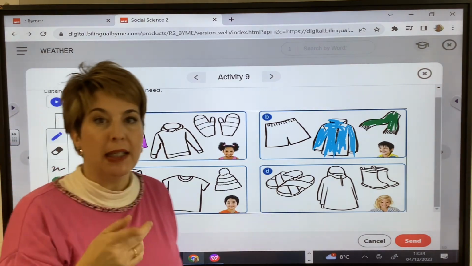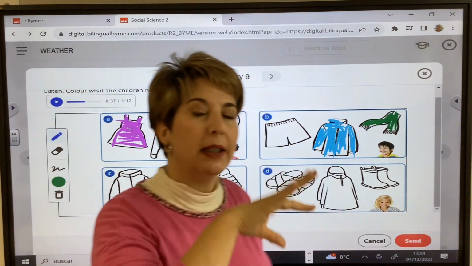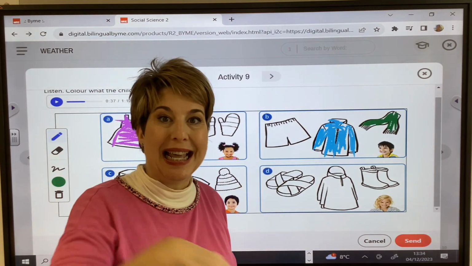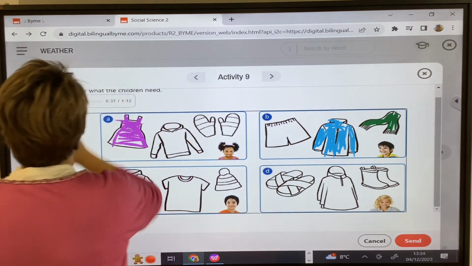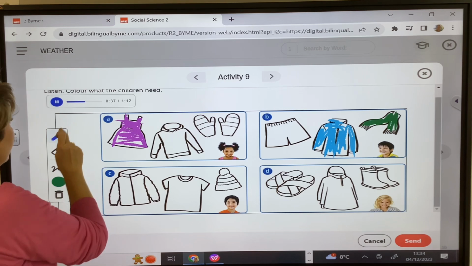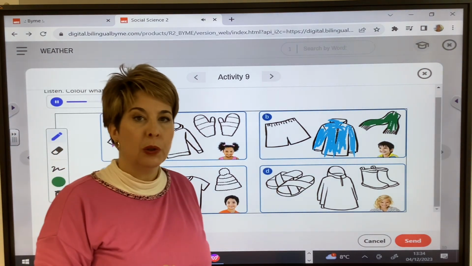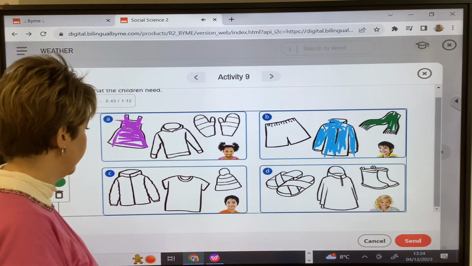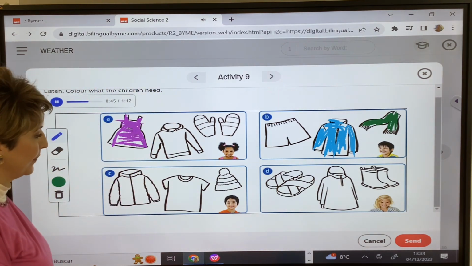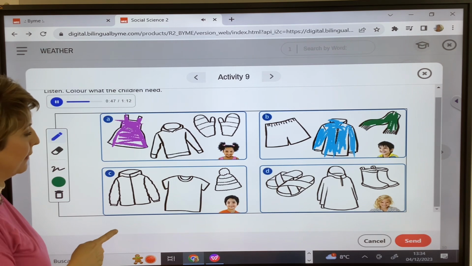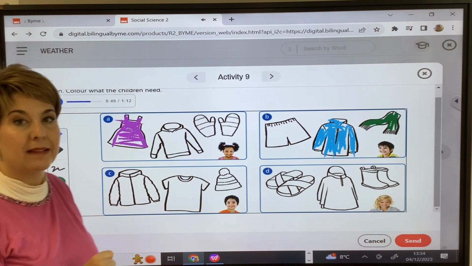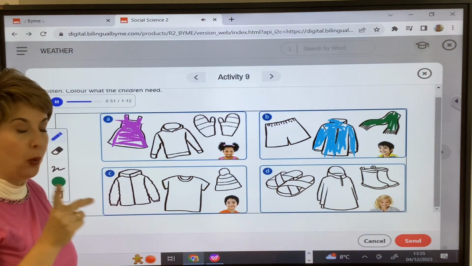Let's go to C, and in letter C you were hearing a sleigh. What can he wear? Ah, it's snowy.